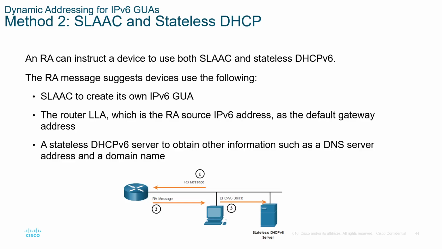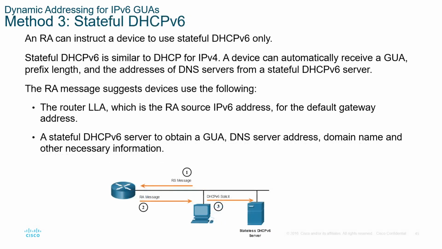Now, if a stateless DHCPv6 server is present, what's going to happen is the client will give itself an IPv6 address, but in order to obtain extra information such as the default gateway, the DNS information, domain name, and everything else, it will actually go to a server to do that. All right? Now, a stateful DHCPv6 is similar to DHCPv4 in a sense that we just basically obtain all the information straight away from the server.